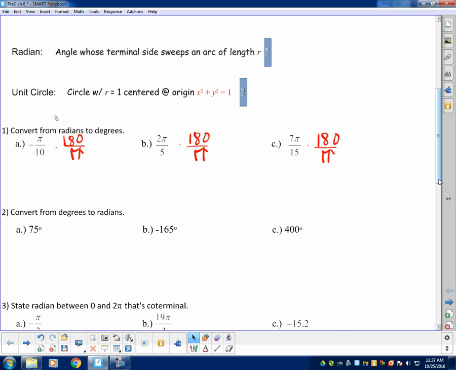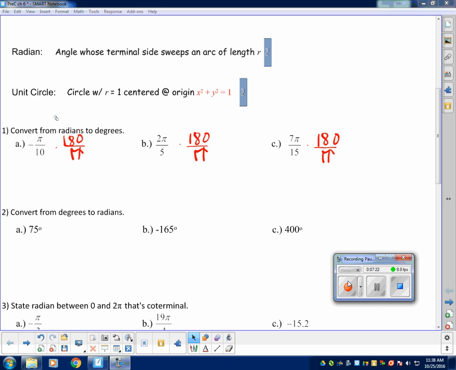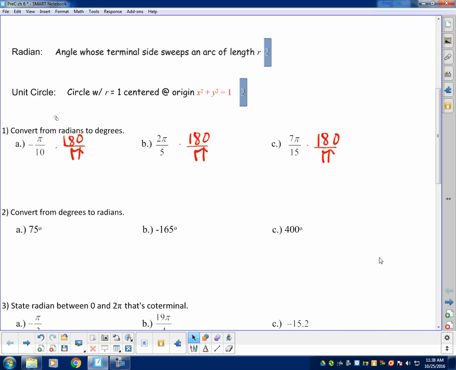So negative pi over 10 times 180 over pi, then you've got to cancel and simplify it. I'll let you do that. So why don't you cancel and simplify that and tell me what you get. Okay, so negative 18 degrees here. Pi's cancel out, negative 18 degrees.